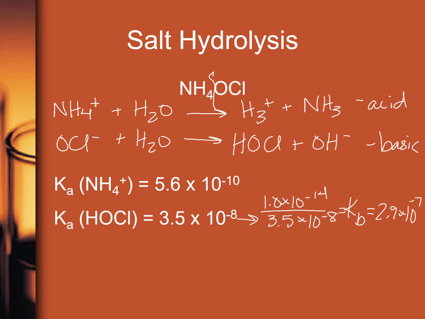So when we're looking at this, Ka was 5.6 times 10 to the negative 10th. Kb is 2.9 times 10 to the negative 7th. So since our Kb value is larger, this is going to be a basic salt.